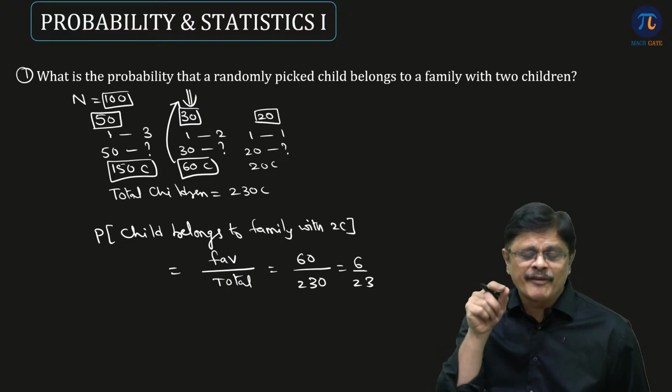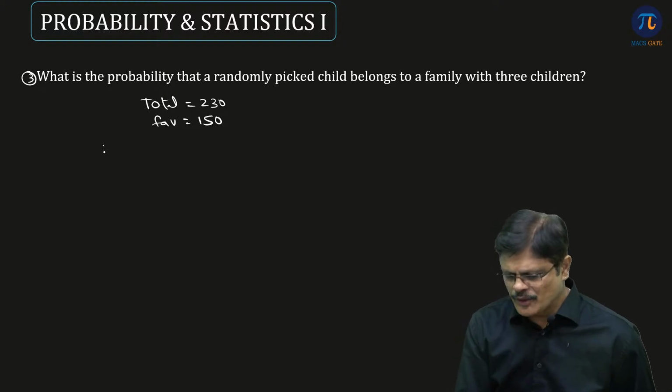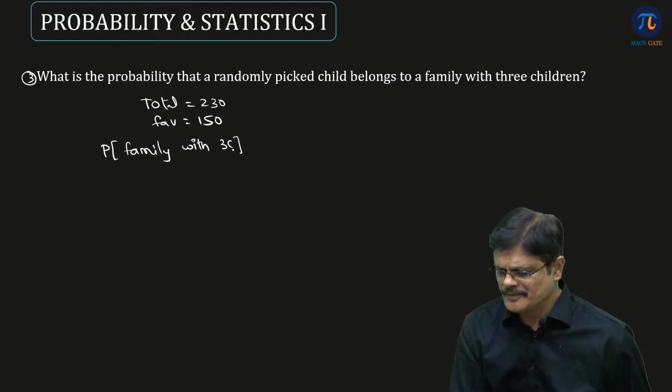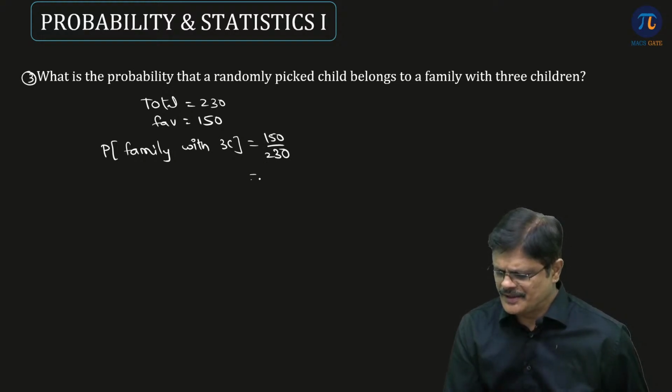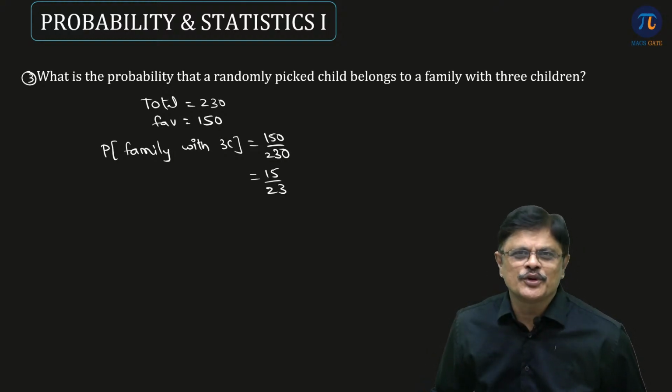These 150 children are favorable for this. So that is 150 upon 230, which is nothing but 15 by 23. Is the idea clear? All of you able to follow?